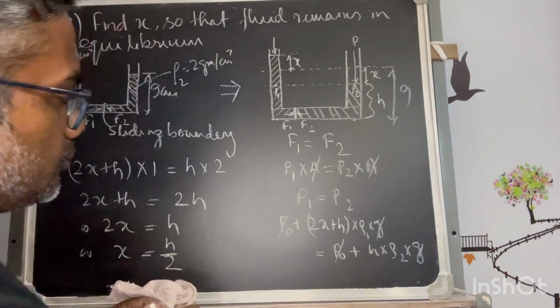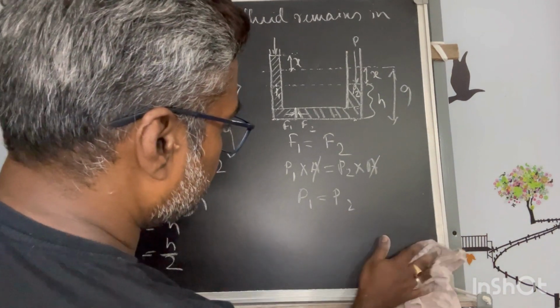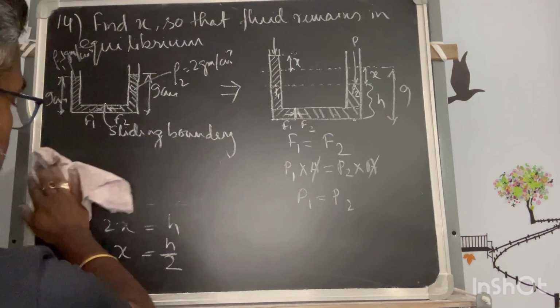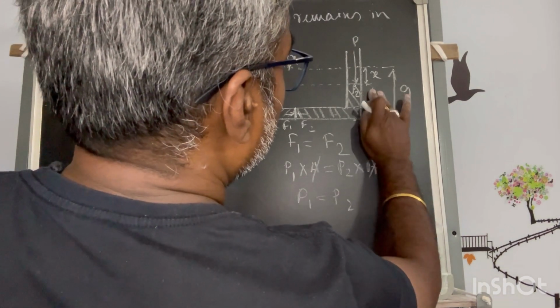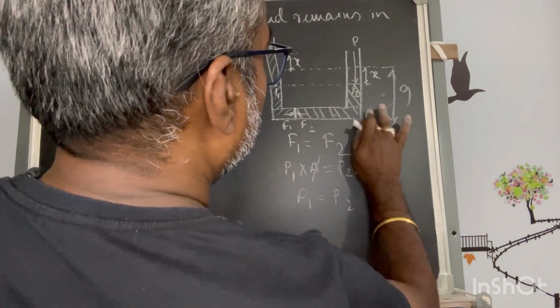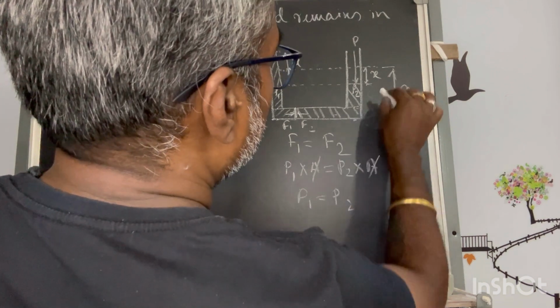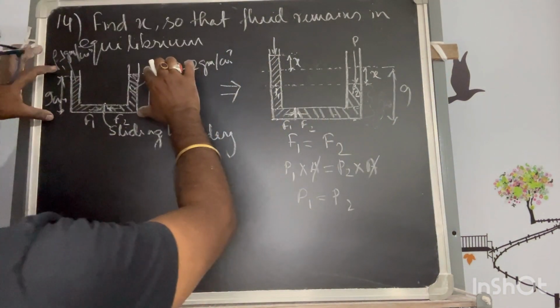Sorry, I have to change a bit. This is okay. Instead of taking it h, don't take it other parameter. Initially this is 9.